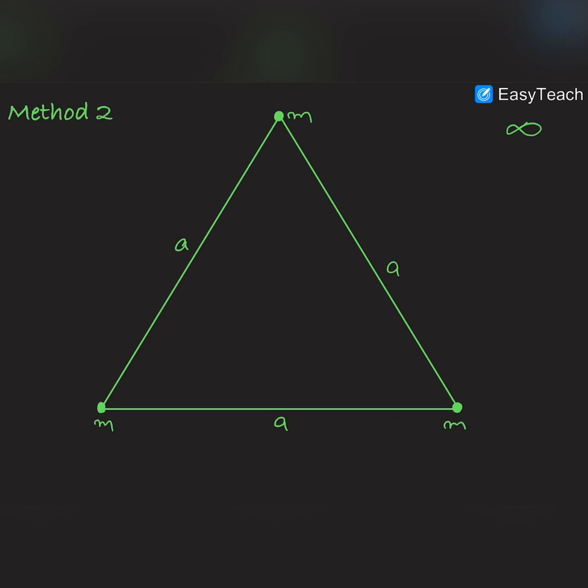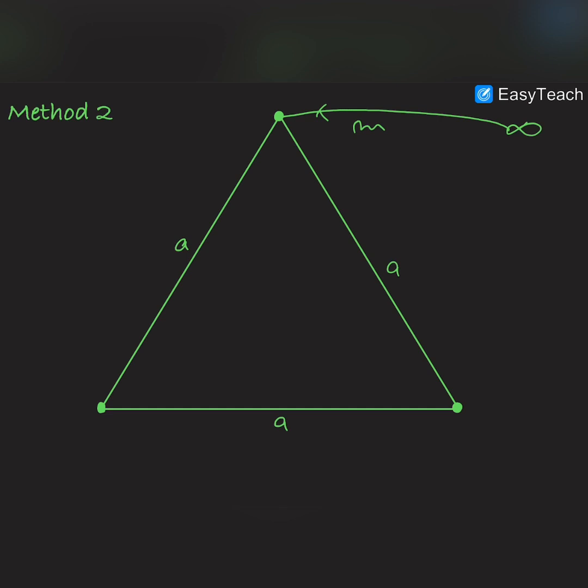Initially there was no mass here, and we bring a mass m from infinity to this point. When we are bringing this mass m from infinity, there is no gravitational field present in this region to pull this mass.